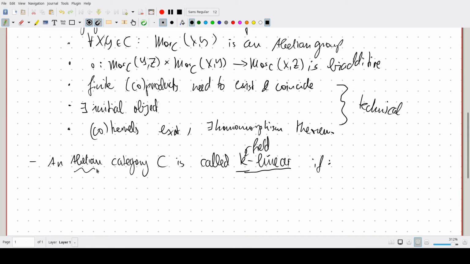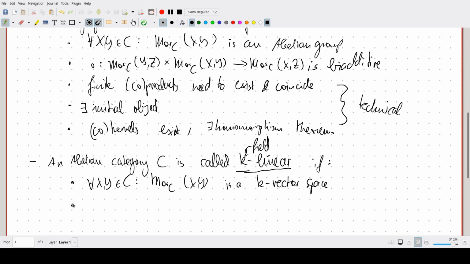we already have that it's abelian, so it has to satisfy obviously all of these conditions, but in particular it has to satisfy these three more technical conditions here. But in addition we need that for all objects x and y, the set of morphisms is not only an abelian group, but is a k-vector space.